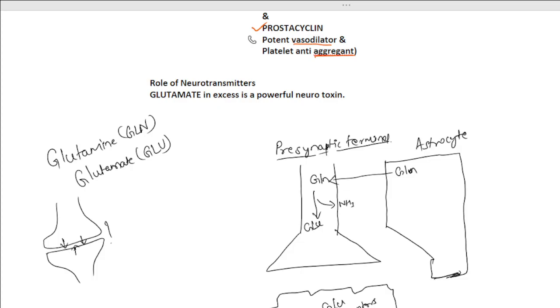You know, all the story is of the receptors when it comes to synaptic transmission, neurotransmission. Okay, glutamate receptors. Right? Glutamate receptors.